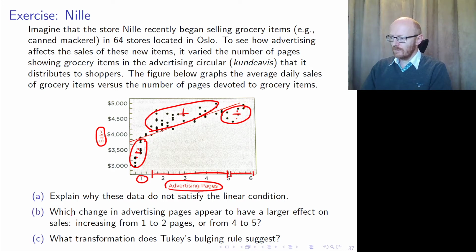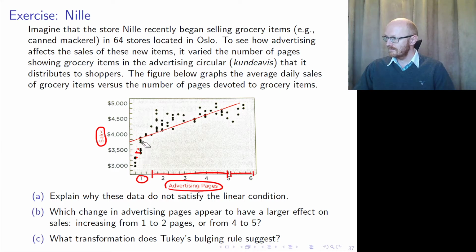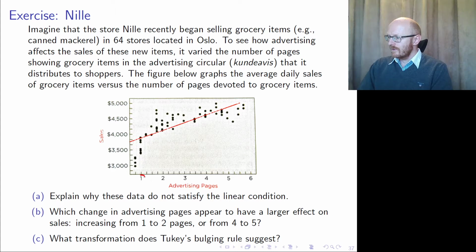And question B: which change in advertising pages appears to have a larger effect on sales, increasing from 1 to 2 pages or from 4 to 5? Going from 1 to 2 pages or 4 to 5 pages, which has the larger effect?